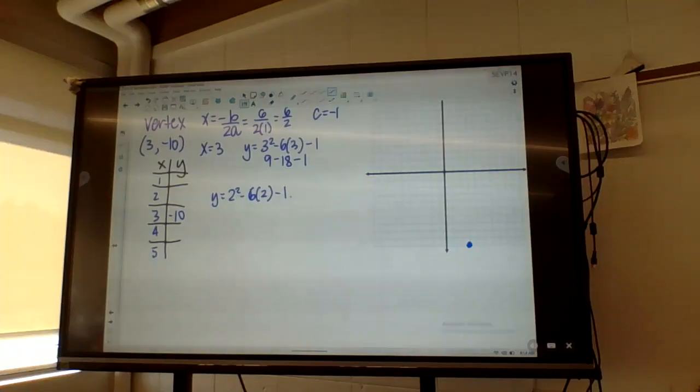So when I substitute 2 in, I get 4 minus 12 minus 1, so negative 9, I believe. And the same thing's going to happen on the other side because of symmetry.